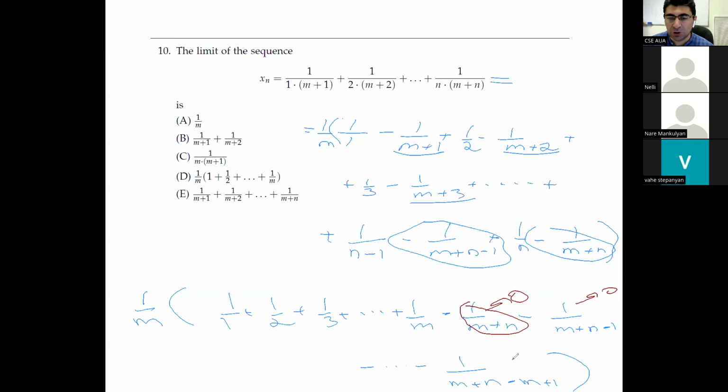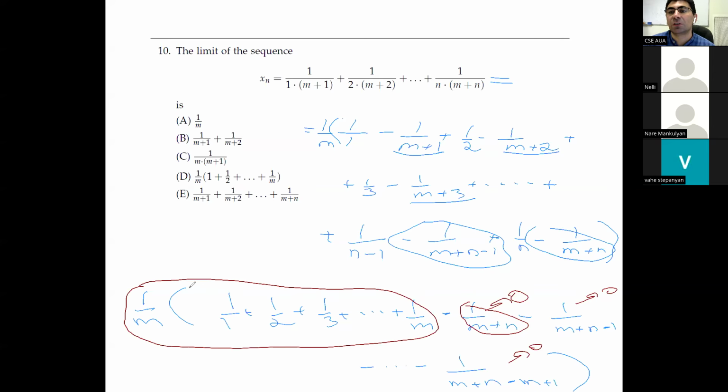This tends to 0. This tends to 0. So we are going to have only this part remaining at the end. Do we have such an answer? D. D. Okay, so this is the correct answer.